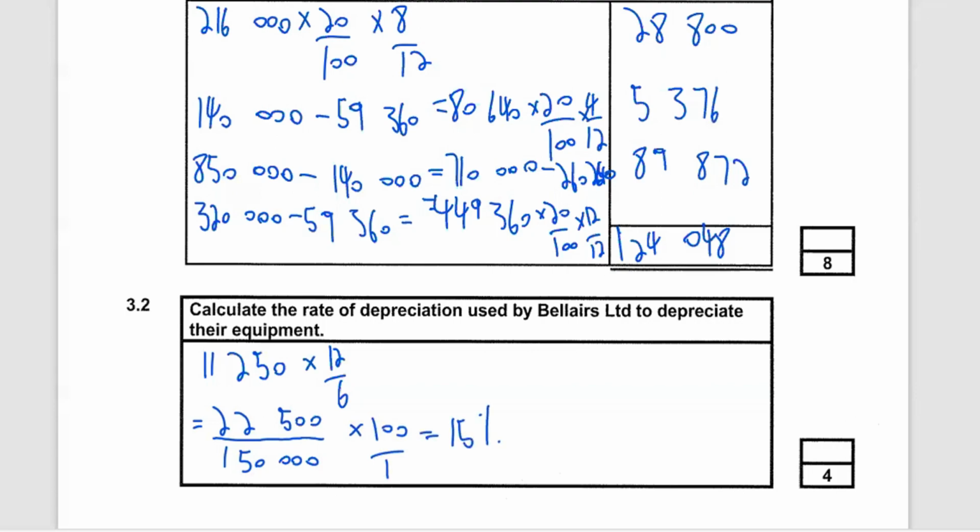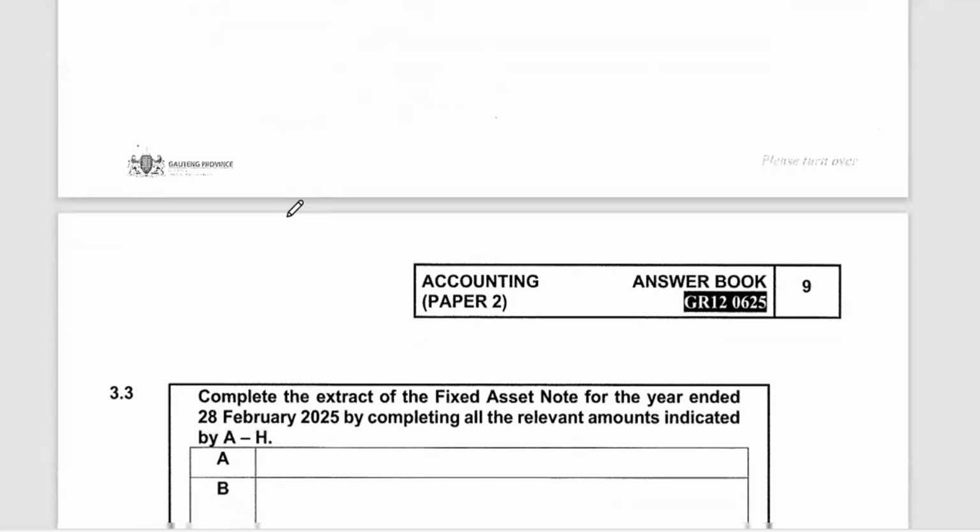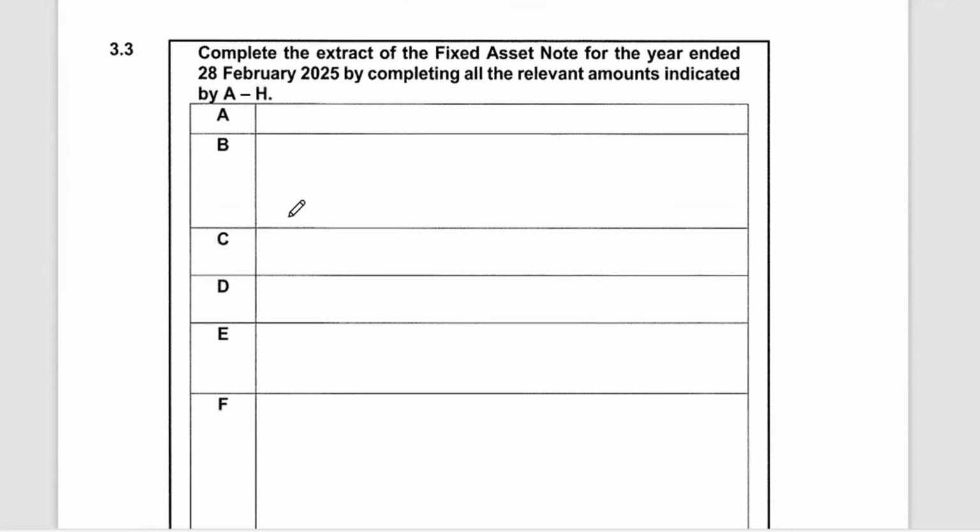Then we get our answer, which is 15%. Then 3.3, complete the extract from the fixed asset note for the year ended 28 Feb 2025 by completing all the relevant amounts indicated.